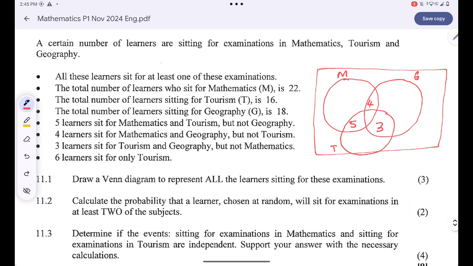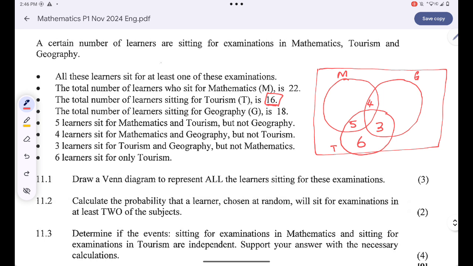Then we are told that 6 learners sit for tourism only. So over here I'll simply have a 6. But remember, guys, I was told that the total number of learners who will be sitting for a tourism exam is 16. So now let's check what number we have here.